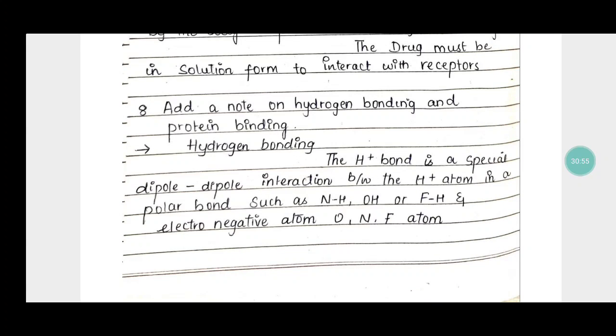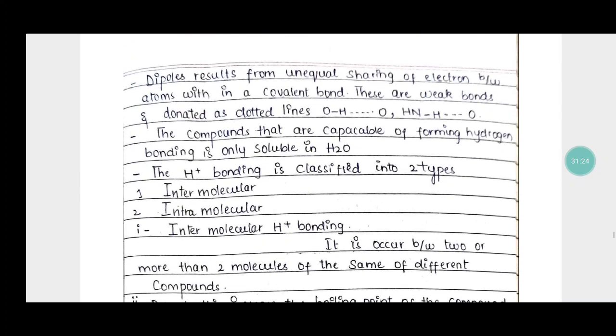So question number 8 is, add a note on hydrogen bonding and protein binding. Number 1, hydrogen bonding. The hydrogen bond is a special dipole-dipole interaction between the hydrogen atom in a polar bond such as N-H, O-H or F-H, and electronegative atoms like O, N, F. Dipole results in the unequal sharing of electrons between the atoms in a covalent bond.